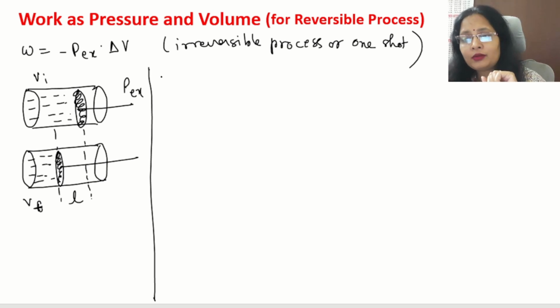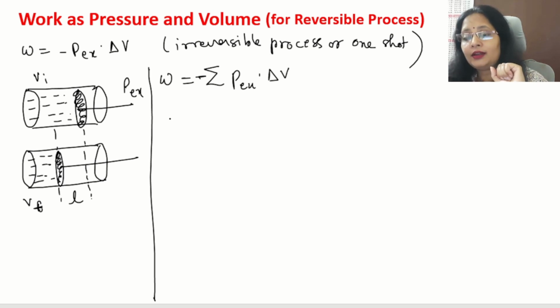So how could we write it here? It should be W is equal to the summation of all the work. So minus will be there outside, summation P external into delta V. We can write like this.